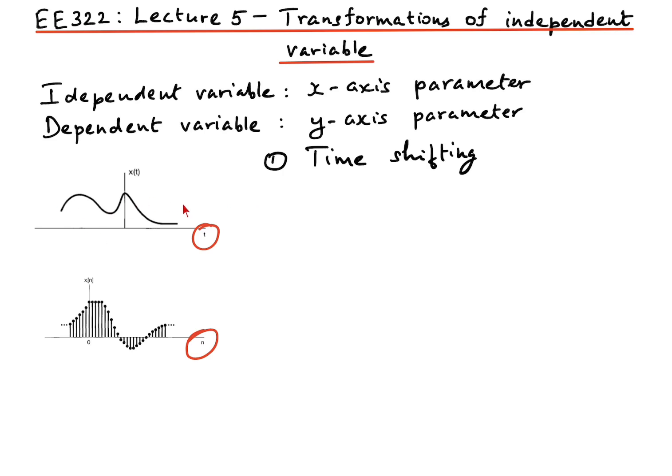The shift can be either to the right or to the left. Okay, so the first transformation of the independent variable is time shifting, and the second transformation that can be performed is called time reversal.